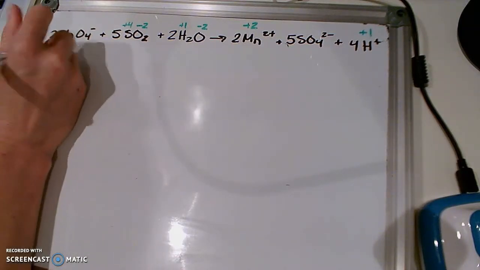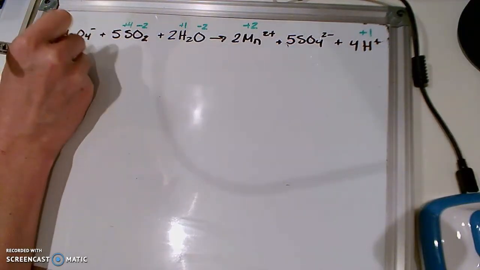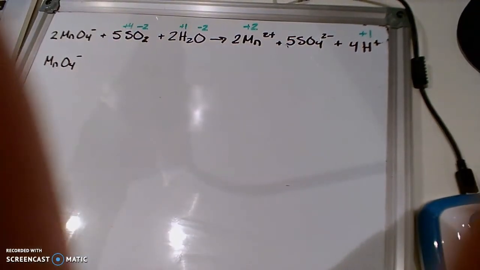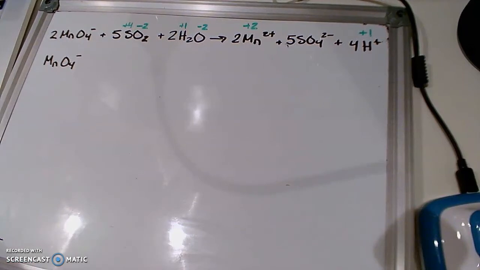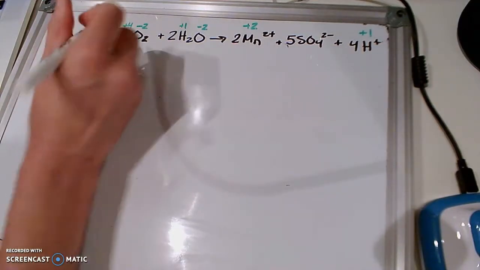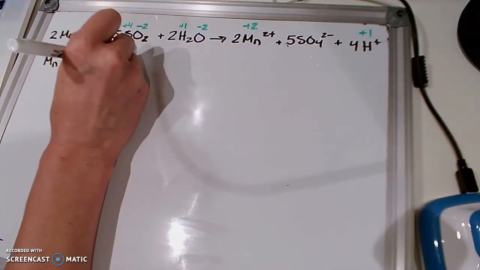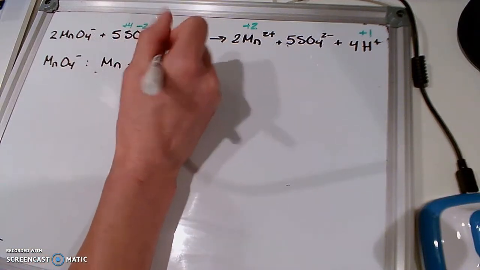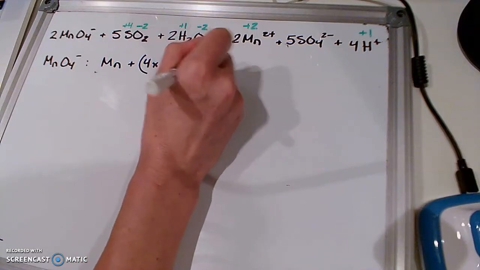Let's look at our MnO4-. All of the oxidation numbers in this need to add up to -1. That means, since we know that oxygen is going to be -2, that manganese plus 4 times -2 needs to equal -1.